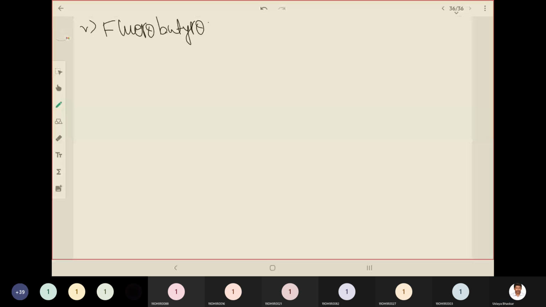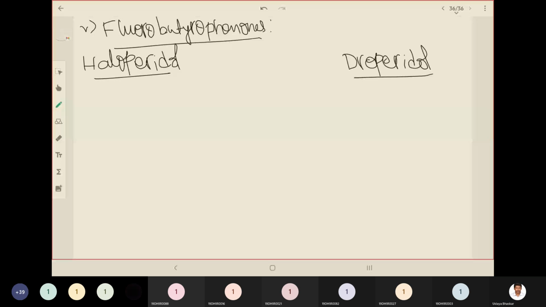Taking haloperidol first. Halo indicates halogen. So what halogen is present in haloperidol? We have fluorine, attached here at the para position.